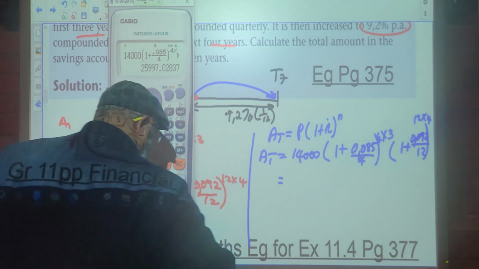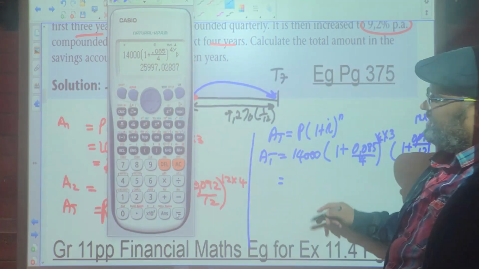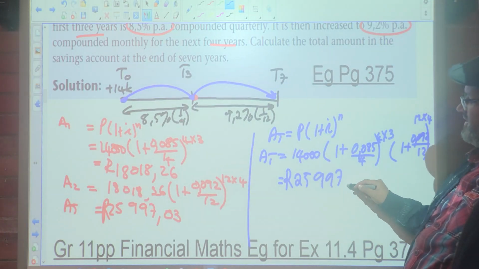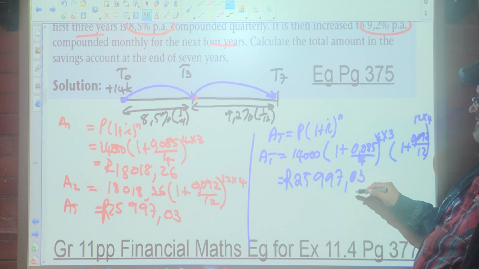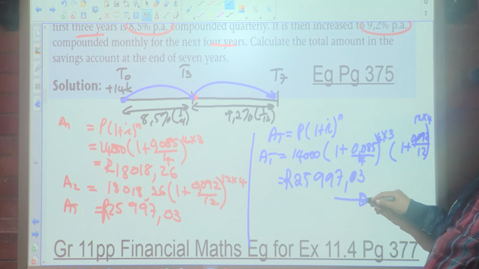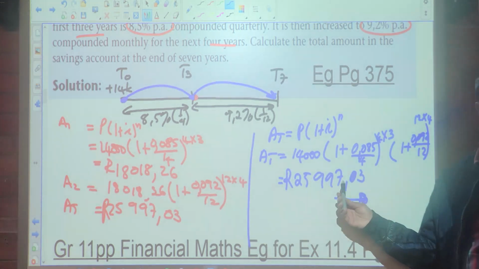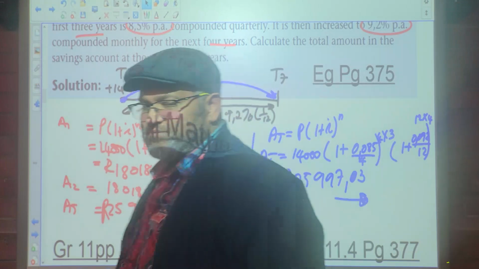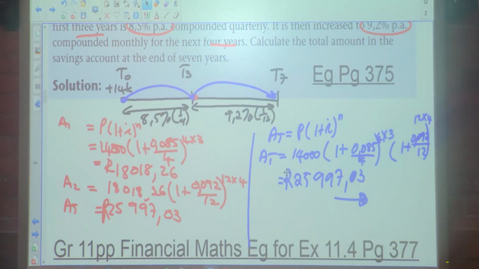The same answer of 25,997 Rand 3 cents. And this is the method I will be applying. Okay? Is there any confusion? Any questions?